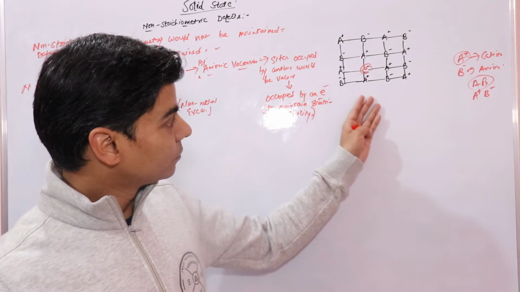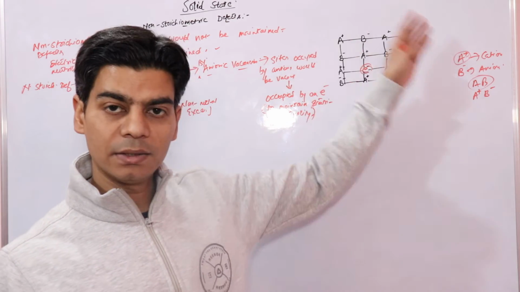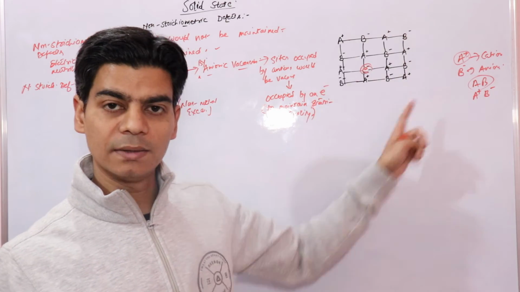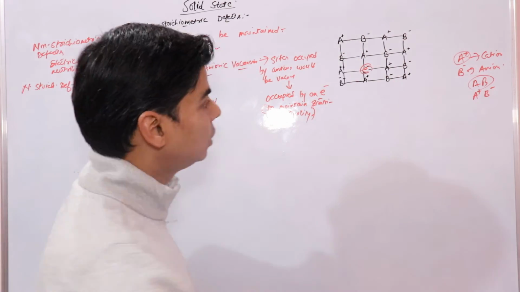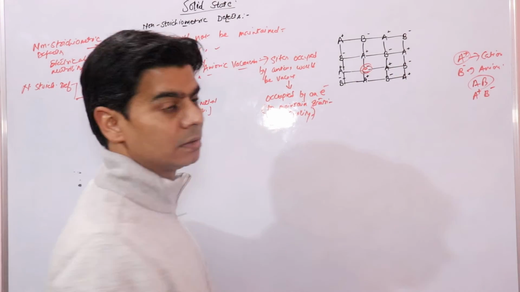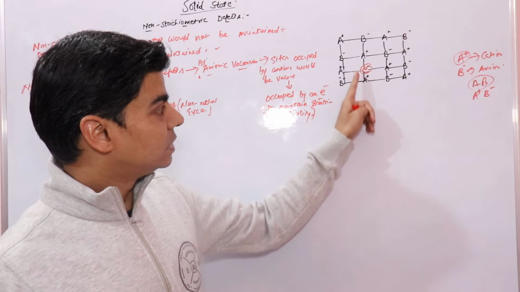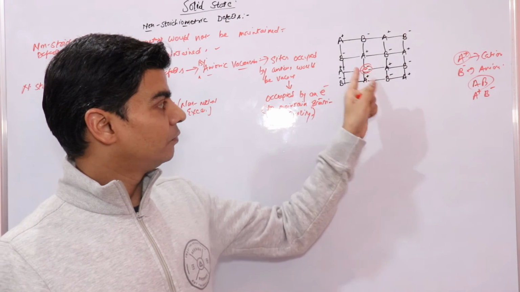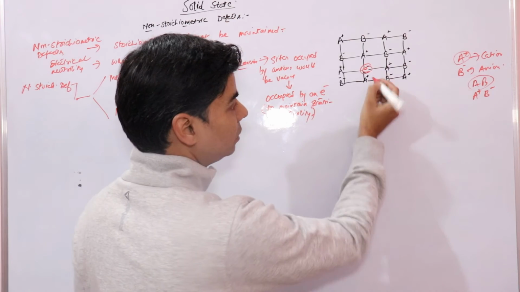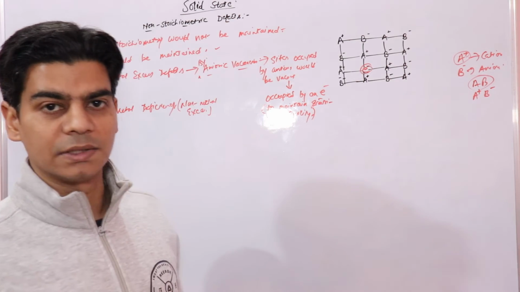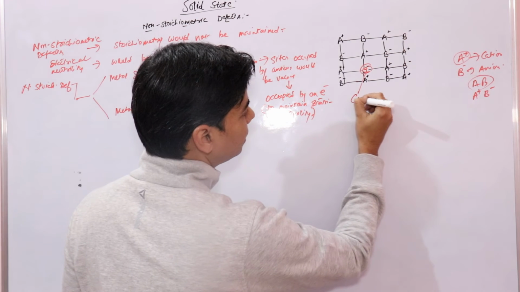If this kind of defect is found in sodium chloride, then the sodium chloride compound would appear yellow due to this electron that has occupied this anionic site. So these sites, which are occupied by electrons, are called F centers, and these are also called colored centers.